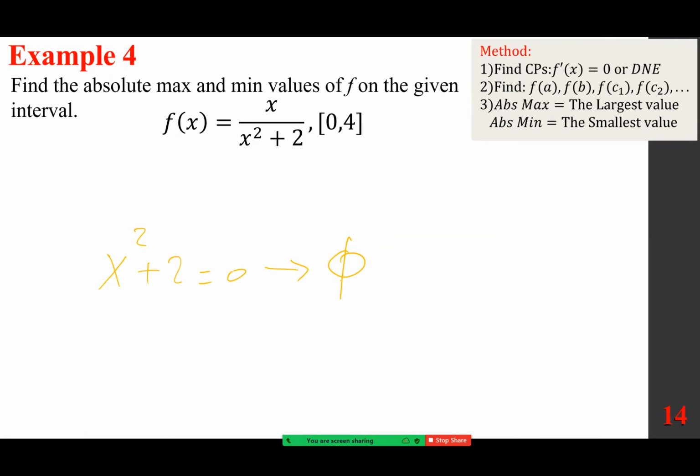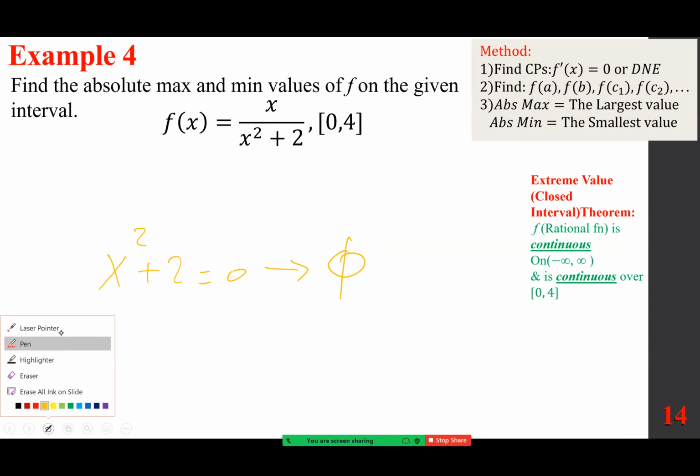It makes it also continuous from 0 to 4. So although it's a rational function, the denominator, when you set it equal to 0, doesn't give you any solution. So the domain is all real numbers. Therefore, it is also continuous from 0 to 4.